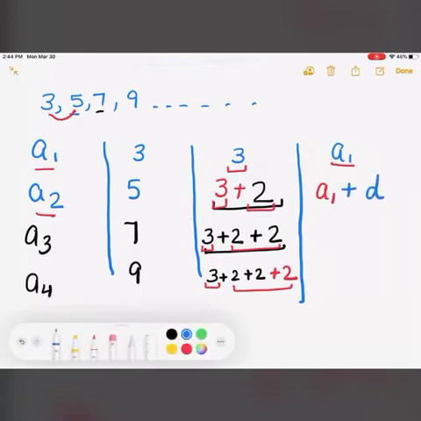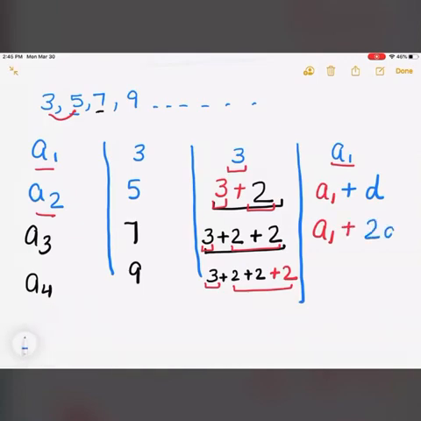Now let's look at the third term. Again, it has the first term in it, but how many differences do you see? I see 2 differences. For the fourth term, again, I see my first term, but how many differences? I see 3 differences.